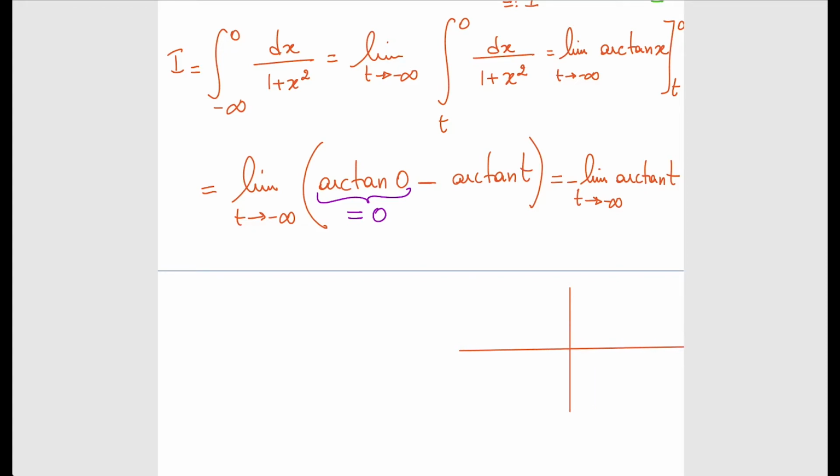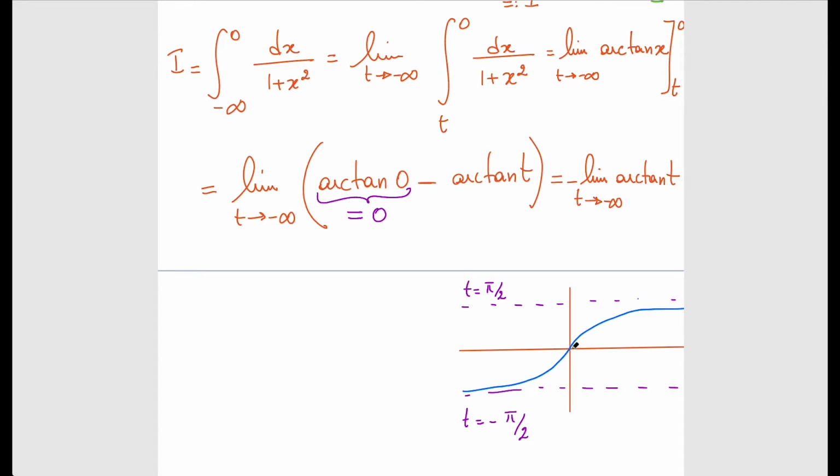So arctan has two horizontal asymptotes, right? Let's call the horizontal axis the t-axis. So the lines are t equals minus pi over 2 and t equals pi over 2. And the function looks something like this.